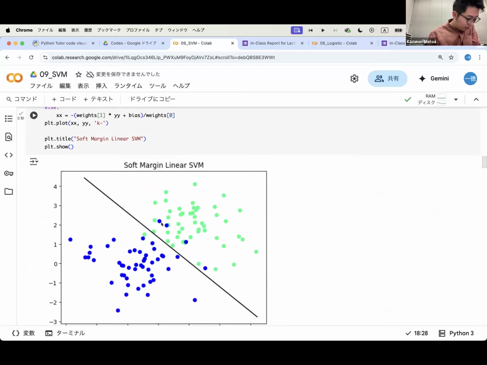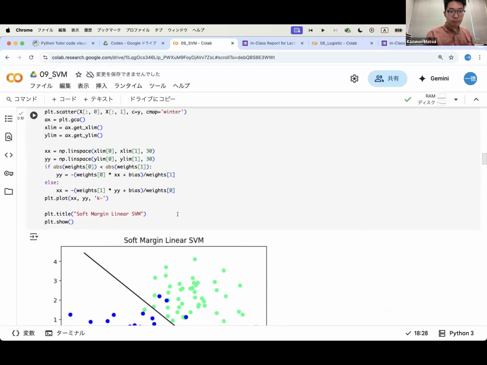By the way, the distance between the scattered data here and the center part in the scatter plot is specified by separation, so we can adjust it with that.